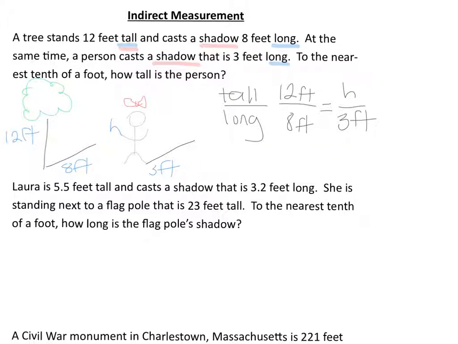So now all we have to do is cross multiply, because we don't know any relationships between 12 and 8 or 8 and 3. 8 times h and 12 times 3. So 8h is going to equal 36. And to find h, we have to say 36 divided by 8. We were asked to round to the nearest tenth. We find out that h is going to be 4.5 feet.